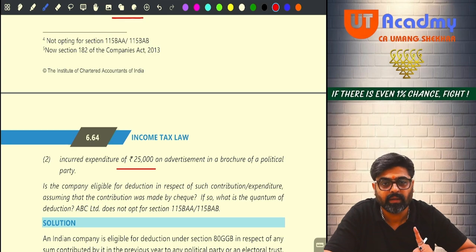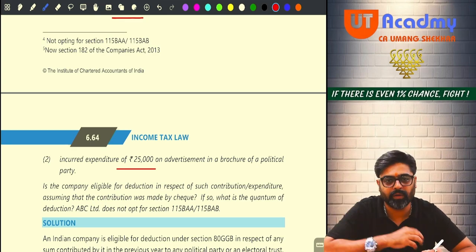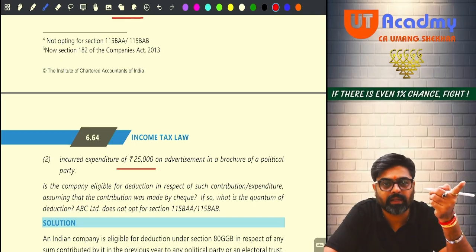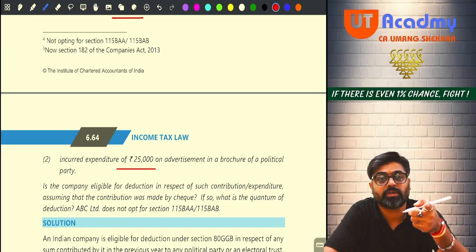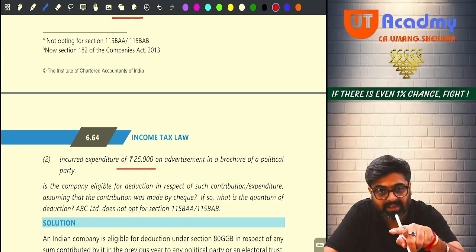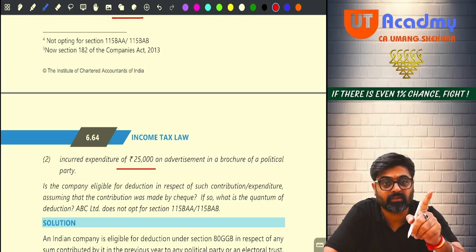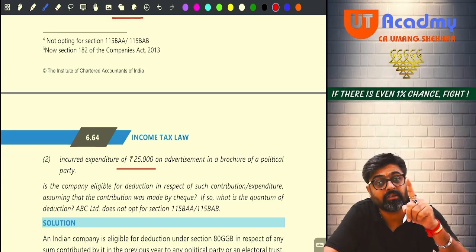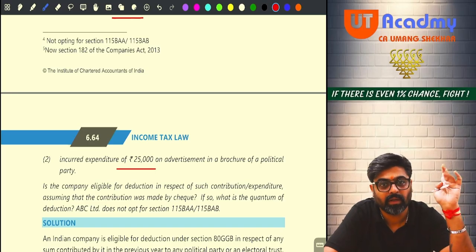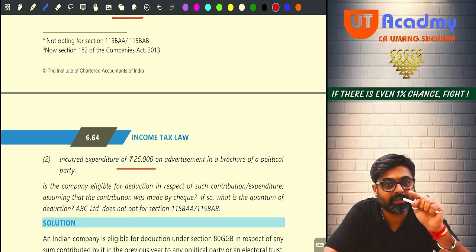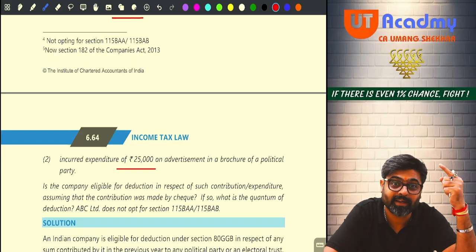Do you remember in PGBP head I told you that if you incur an expenditure on advertisement in brochure, newspaper, magazine, etc. of a political party, that is not an advertisement expense allowable under the head PGBP.